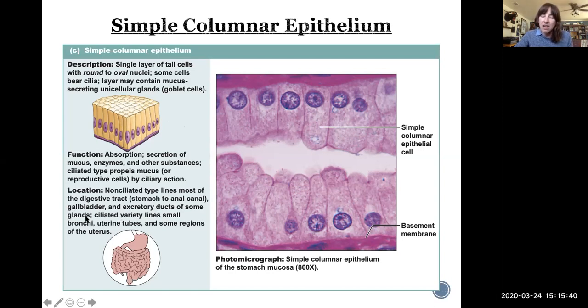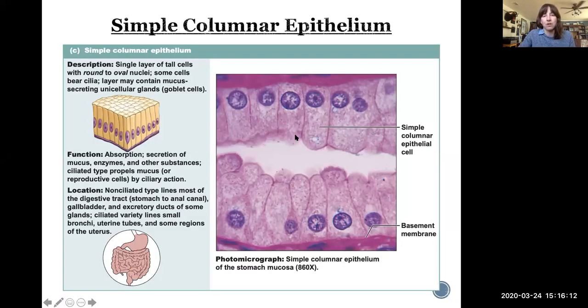Some glands have columnar epithelium, and the types of columnar epithelium that have cilia on the apical surface are going to be the ones that are lining your trachea and your bronchi, as well as the uterine tubes, right? So your fallopian tubes, where we're sweeping the eggs towards the uterus, and then some regions of the uterus itself.